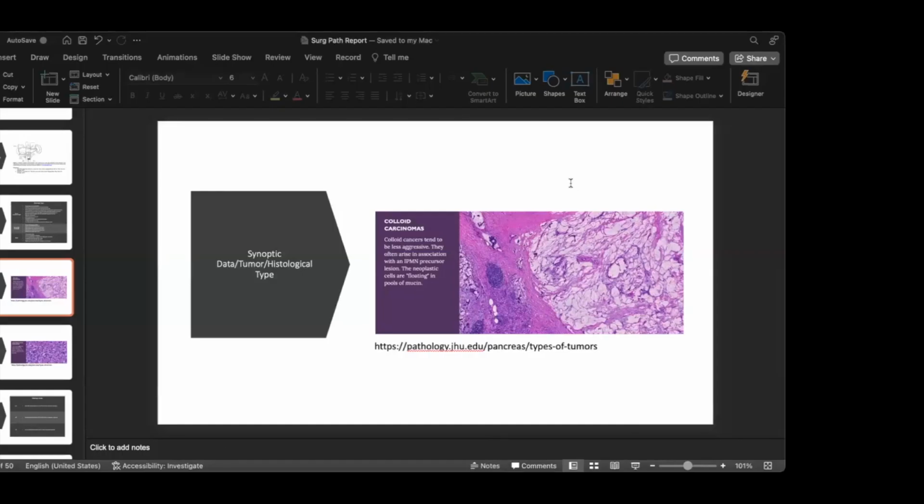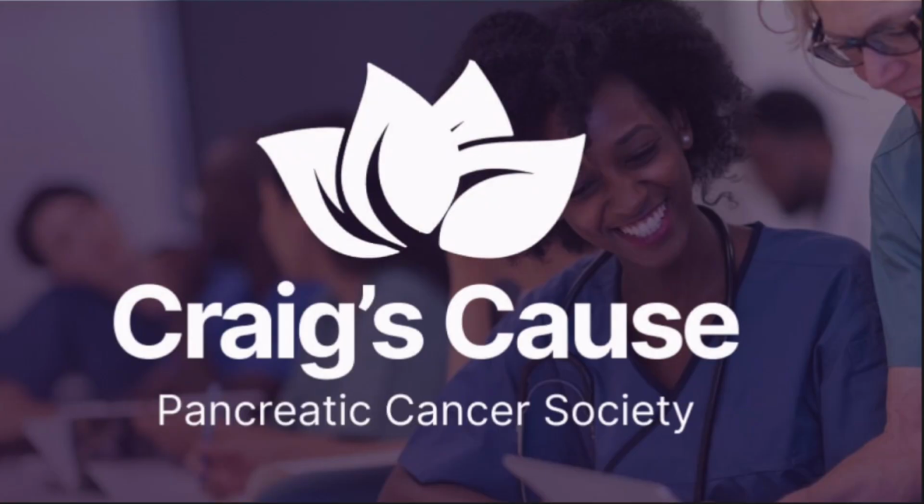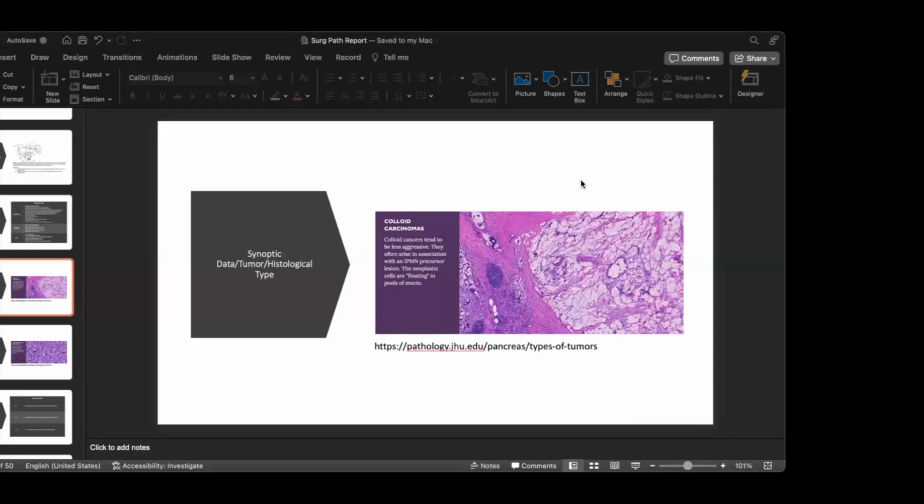Couple of questions here. Could you repeat the difference between a PanNET and a neuroendocrine carcinoma? Sure. So a PanNET is a well-differentiated neuroendocrine tumor. Remember we talked about the MIB1 or the mitotic rate of a neuroendocrine tumor.